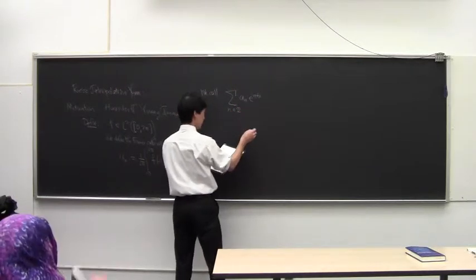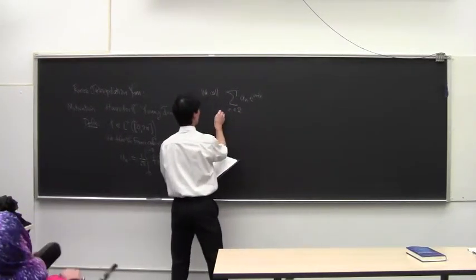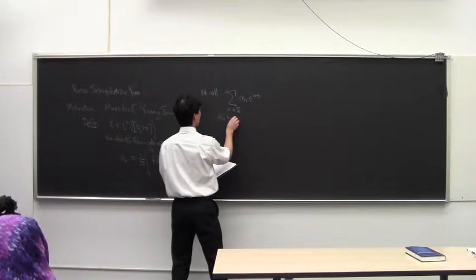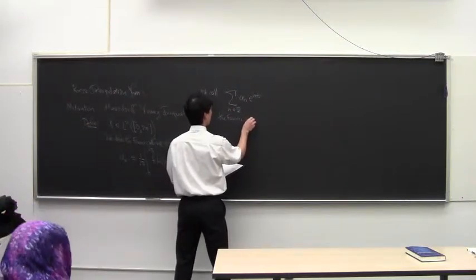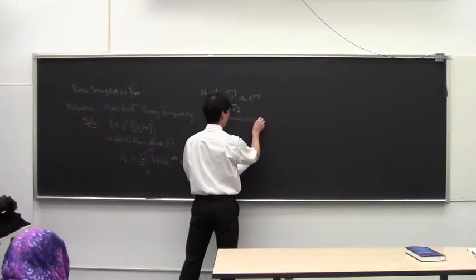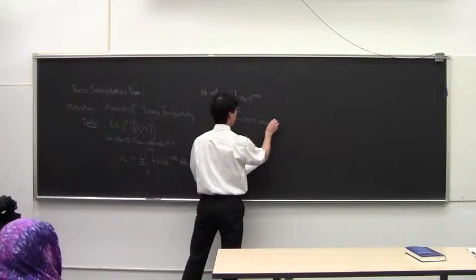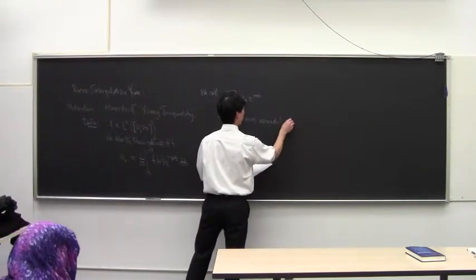Then we create the summation of a_n e^(inθ) over n in Z, the Fourier series associated with f.